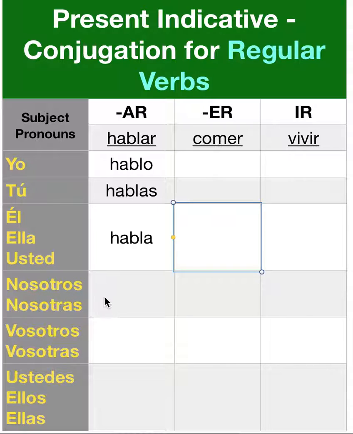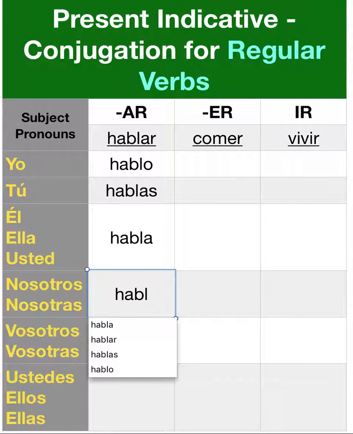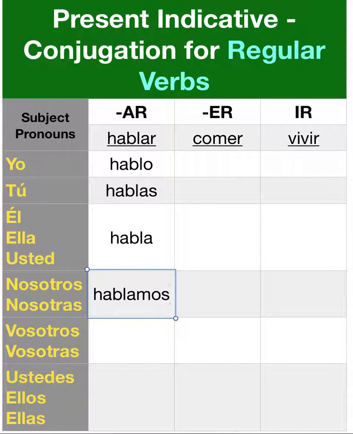And then we have nosotros and nosotras, we speak. We take the stem and then we add amos. Hablamos, we speak. And then we have vosotros and vosotras, which means you all, but these are only used in Spain.